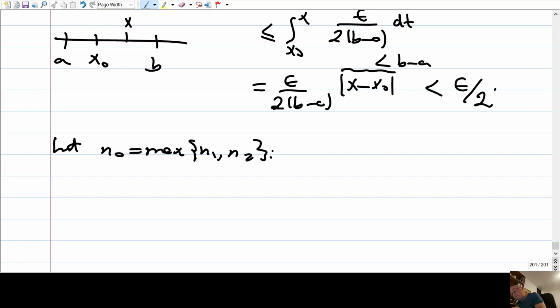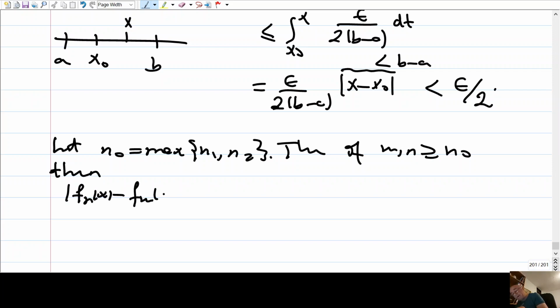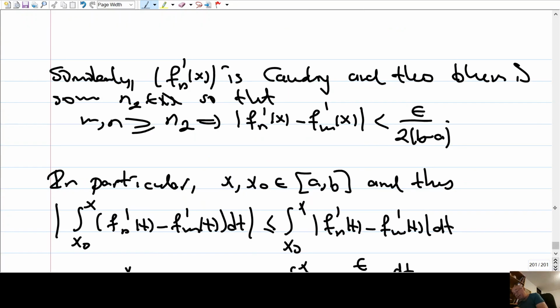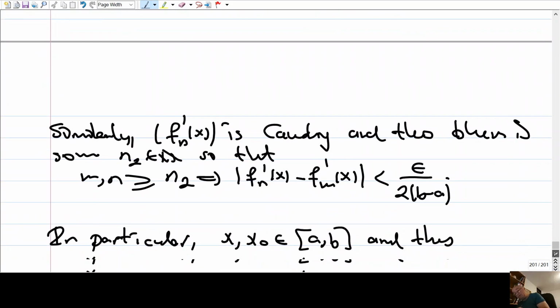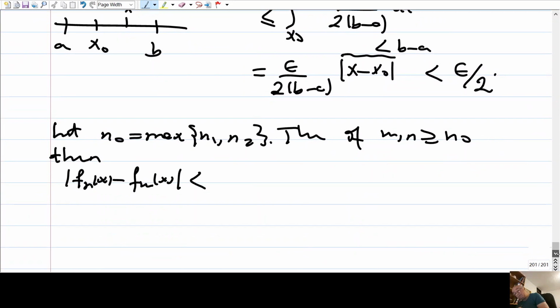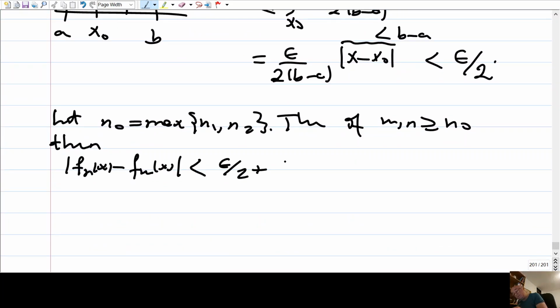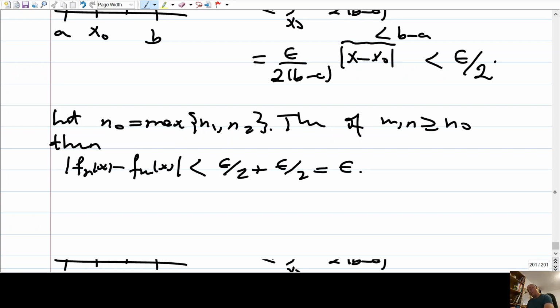Then if m and n are larger than n0, the distance between f_n(x) and f_m(x) is less than epsilon over 2 plus epsilon over 2, which is epsilon.